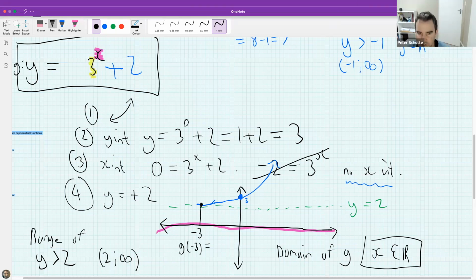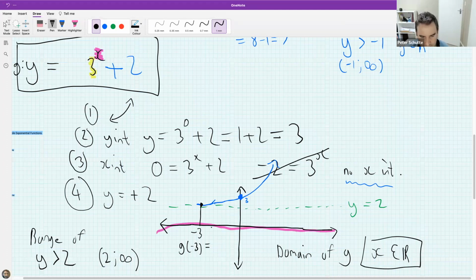So I want to ask you to use your calculators and find me the value of g of minus 3. I know I'm going a little bit improv here, but I think there are some valuable lessons to learn. So in your calculator, find me the g of minus 3. What's that going to be?